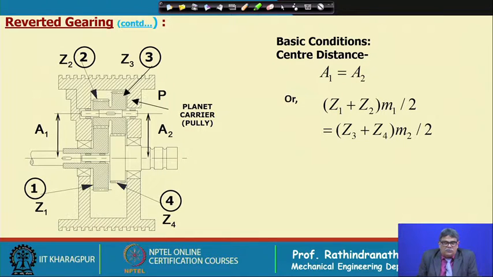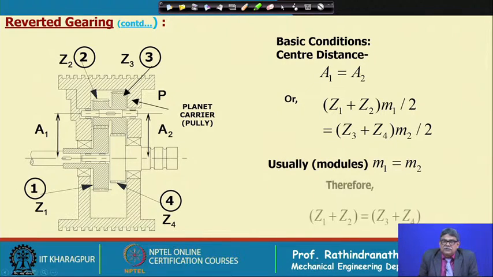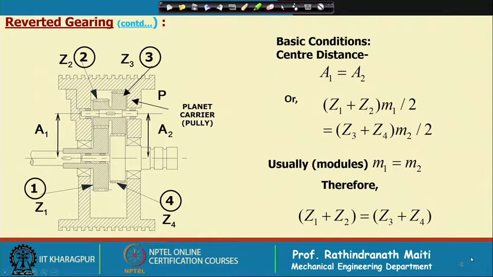We can eliminate the 2 also; the 2 is there because we have considered center distance. Usually these modules M1 and M2 are the same and equal to M, we can consider. Therefore, the condition to be satisfied is Z1 plus Z2 is equal to Z3 plus Z4, which is clear from the figure.